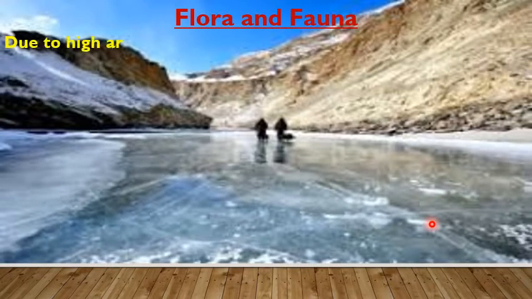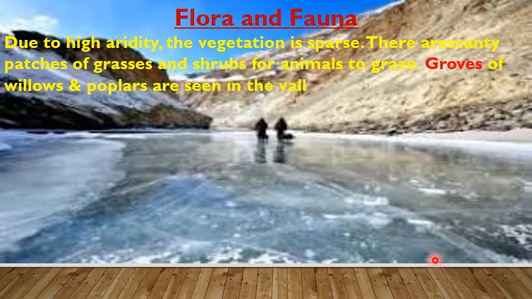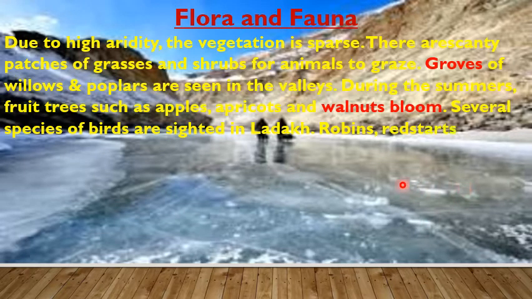Flora and fauna in Ladakh. Due to high aridity, the vegetation is sparse here. There are scanty patches of grasses and shrubs for animals to graze. Groves of willows and poplars are seen in the valleys during the summer. Fruit trees such as apple, apricots, and walnuts bloom. Several species of birds are sighted in Ladakh.